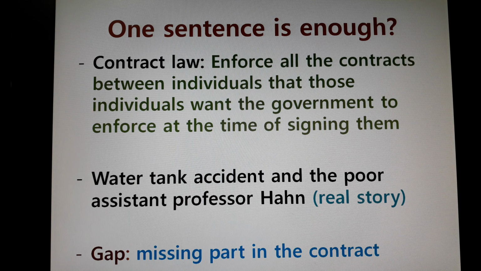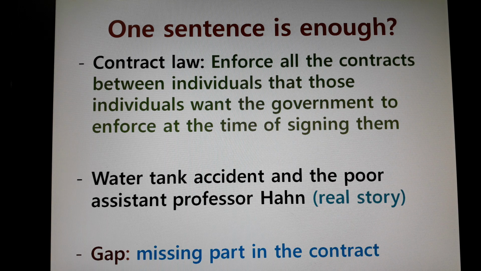When I got a job at Yonsei University, I signed a contract, a labor contract. But did they mention what Yonsei University would do for me when the water tank ruptured? No. They say Yonsei University pays Professor Han this and this, and they work very hard together.